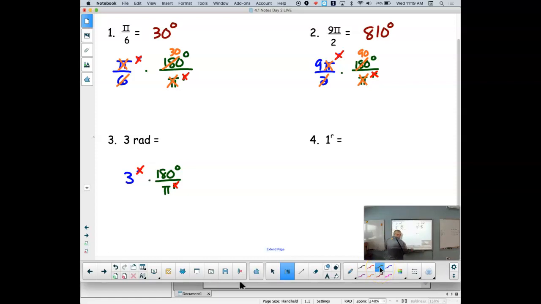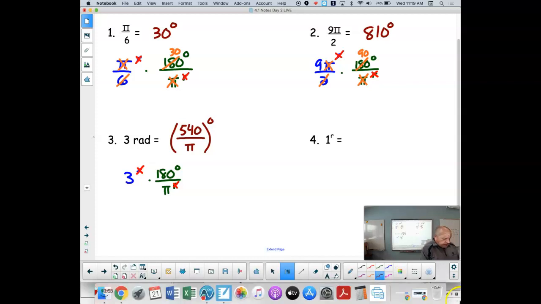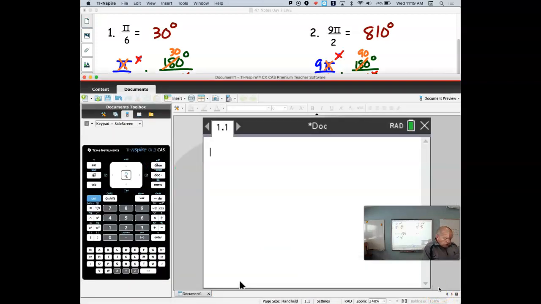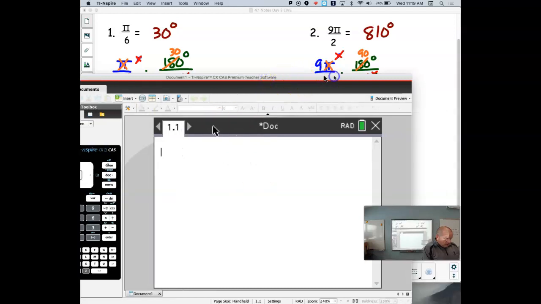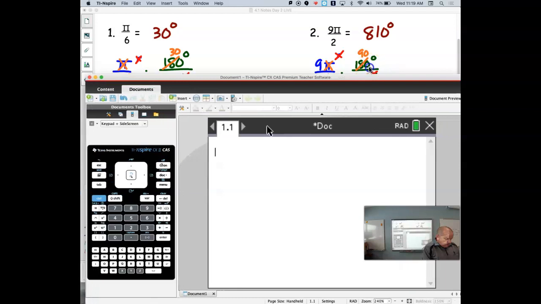So if we were asking for an exact answer here, we would have 540 divided by pi degrees, which, I mean, that's the exact answer, but here's where the calculator would come in. We would much rather prefer 540, and now my calculator is not working again. Clearly.